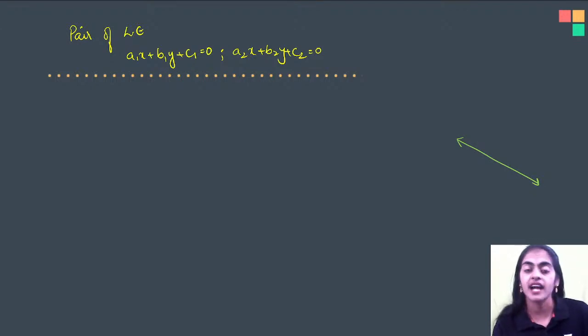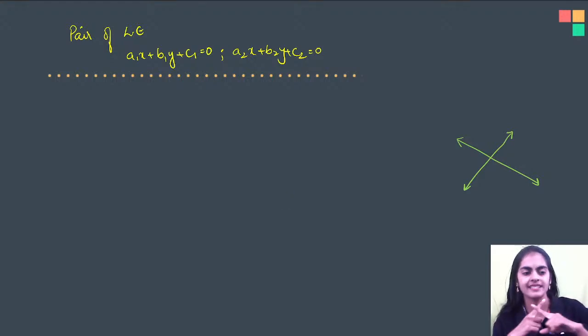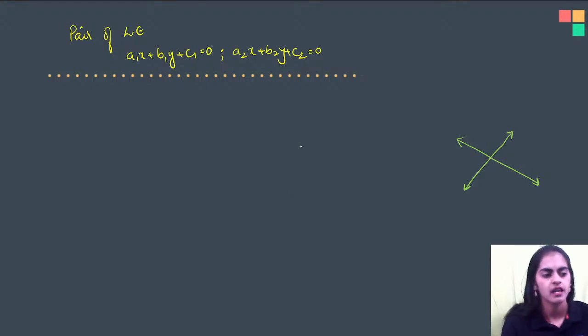Now, if I am taking the second linear equation, a2x plus b2y plus c2 equals 0, the line could be this way, which means it could be intersecting. Both the lines are intersecting at a point. Or if this is the first line, the second line could be this way.